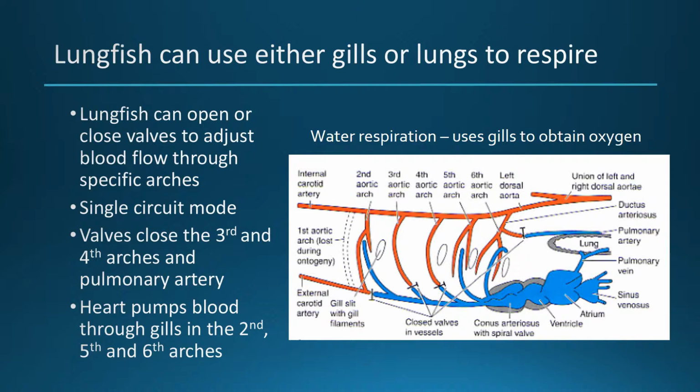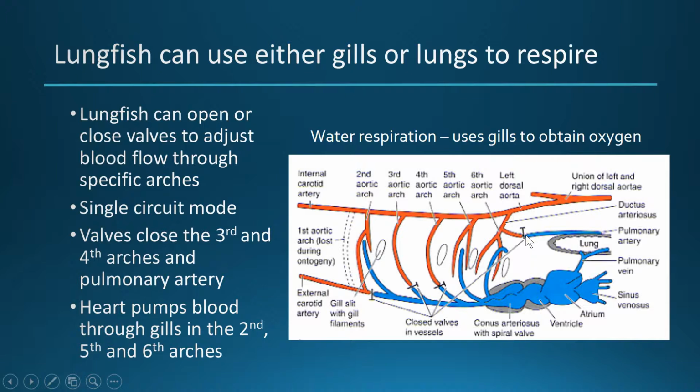When a lungfish is breathing water, they're closing valves in these 3rd and 4th arch because you don't want blood that's poor in oxygen to come through over here. Otherwise, you're going to have poorly oxygenated blood mixing with richly oxygenated blood, and that's just not good for the whole system.